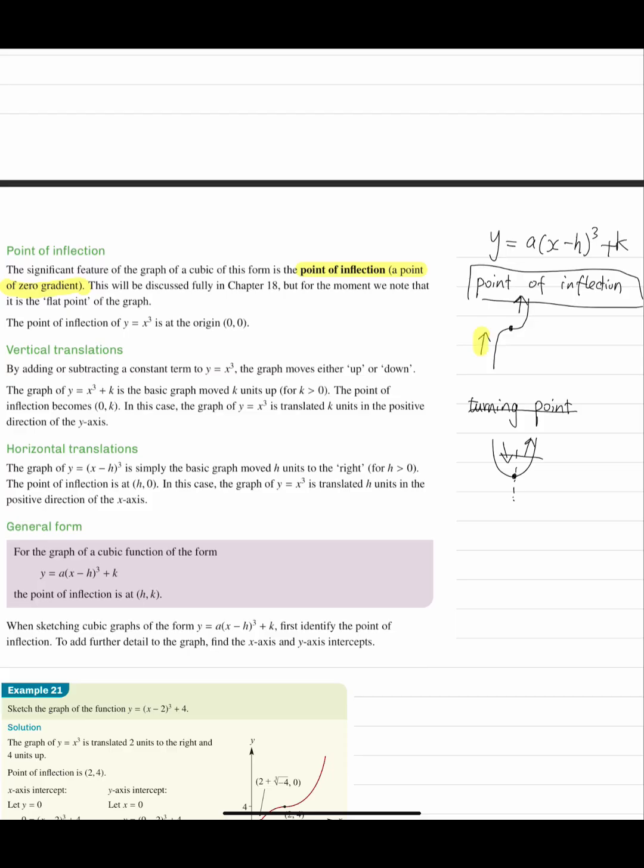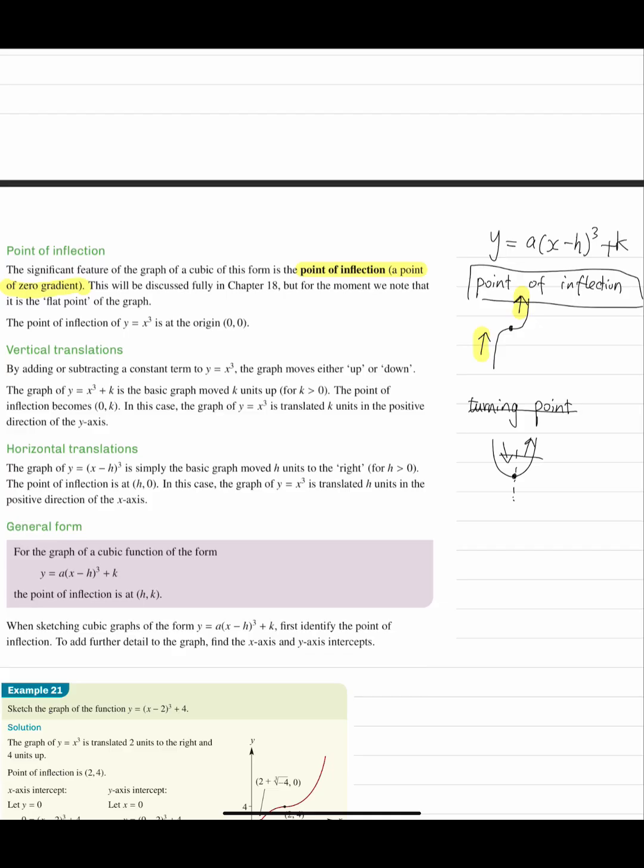On both sides the overall trend has to be the same, like goes up and goes up again, or goes down and goes down again, with that point in the middle. So for our simplest form, y equals x cubed, the origin (0, 0) is the point of inflection.